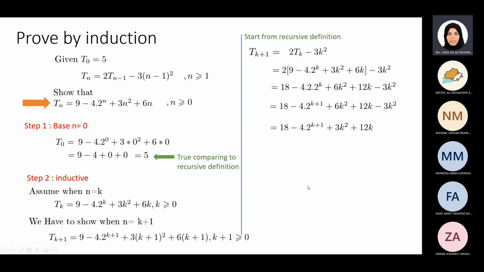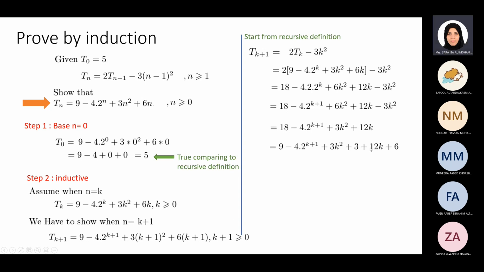Now we want to get the rest. How to do that? I have here plus 12k and here 18. Actually, the constant value here is 9. So 18 is equal to 9 plus 9, or I can say 9 plus 6 plus 3. So I will put 9 plus 6 plus 3 distributed. Why? Because I want to get these terms here.